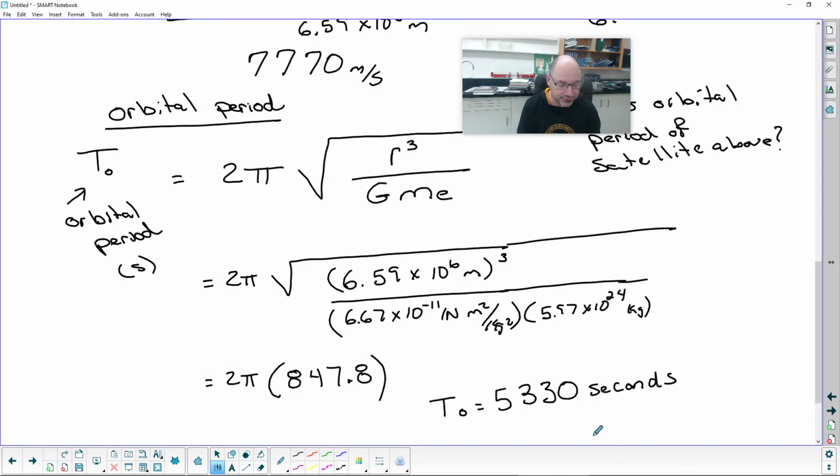So if you're thinking there's 3,600 seconds, 5,330 divided by 3,600 seconds in an hour, that's about 1.48 hours. So about an hour and a half to go around the circumference of that orbit.